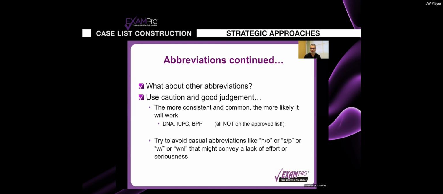They're all commonly used. I see them on case lists. They don't bother me. I think they're actually helpful. Try to avoid certain casual abbreviations like H/O when you're saying history of, or S/P for status post, or W/ for with, or W/L for normal.